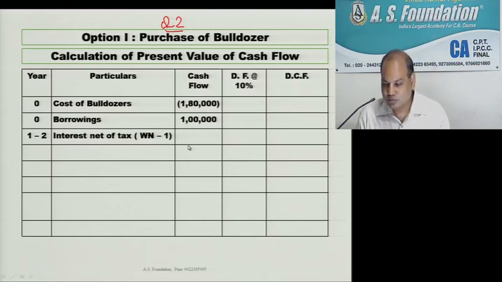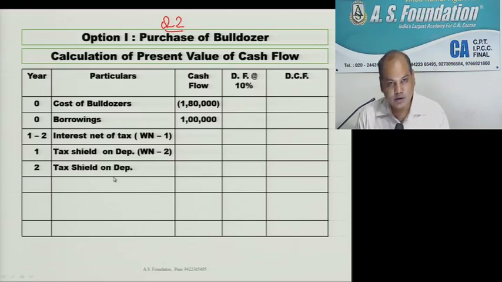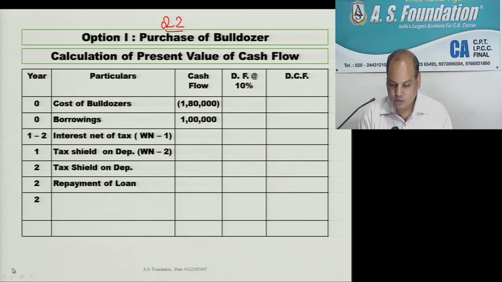Years 1 and 2: interest net of tax, working note 1, we'll prepare later. Year 1 tax shield on depreciation. Year 2 tax shield on depreciation. Now why have I written separately? WDV method, the amount will change, so the tax shield will change. And in year 2, repayment of loan, that figure I can write here: 1 lakh, repayment of loan.